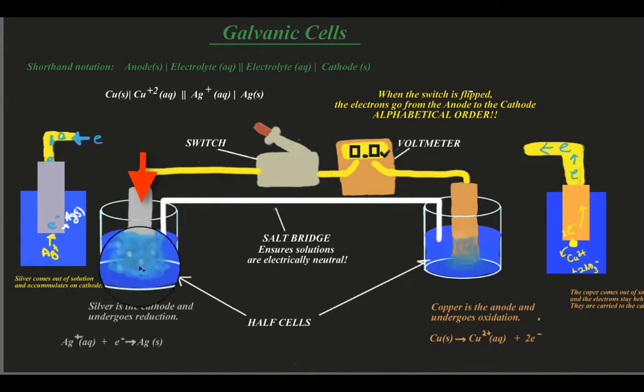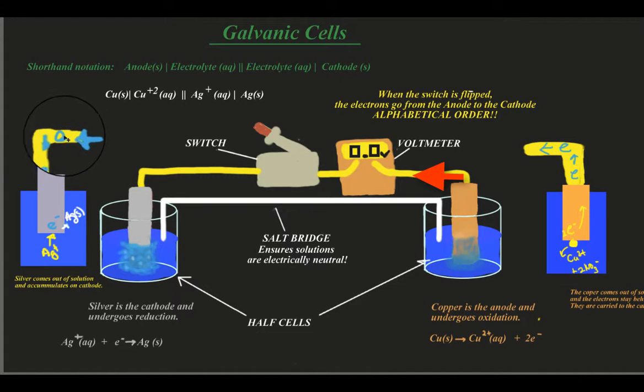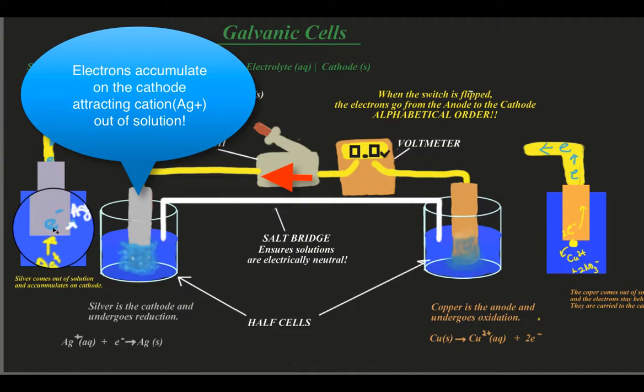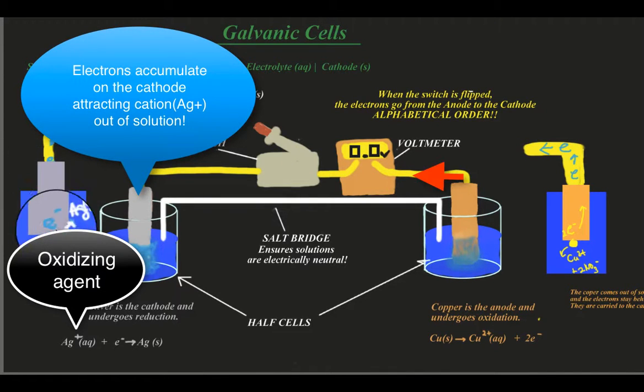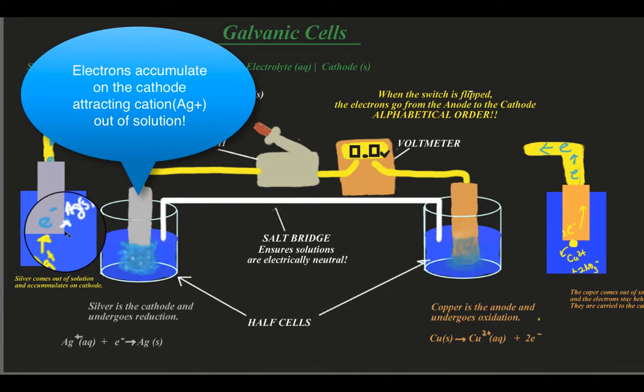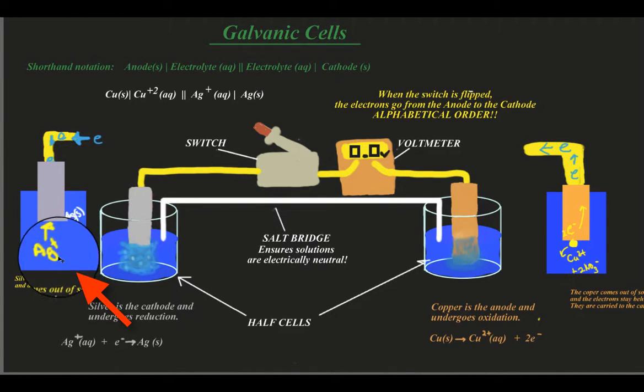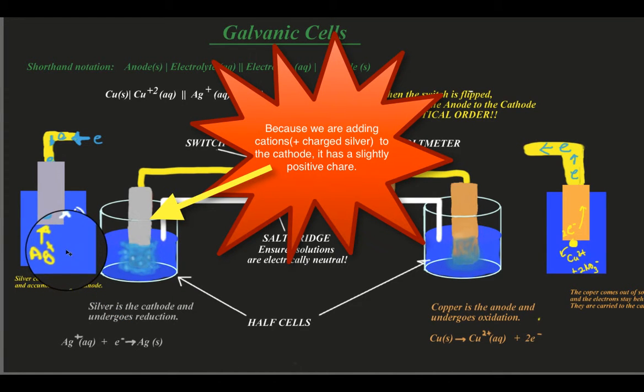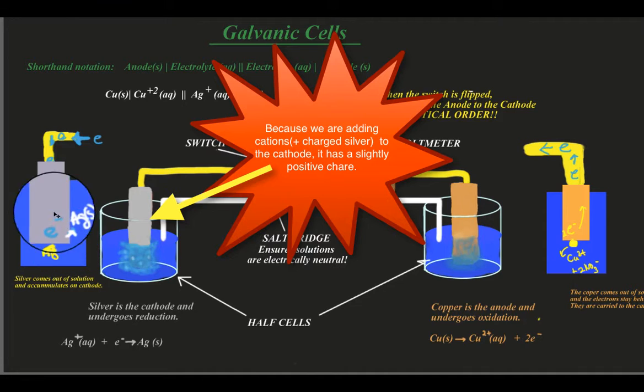Then on this side, we have silver. The bar, the cathode, is picking up all this excess negative charge. All these electrons are being deposited over there. So what happens is we end up pulling some of the silver out of the solution. This solution is silver nitrate, for instance, and the positive cations get drawn to the excess electrons that are found here on the cathode.